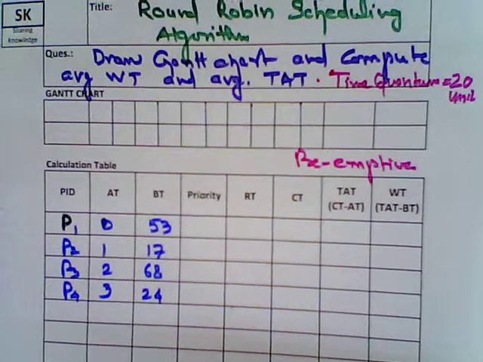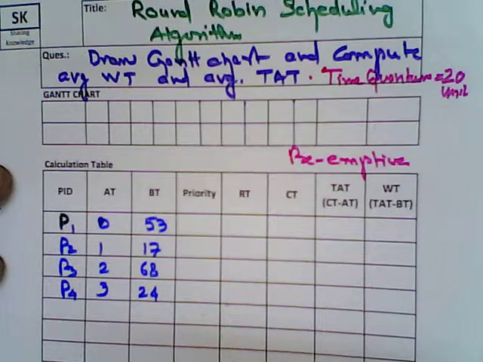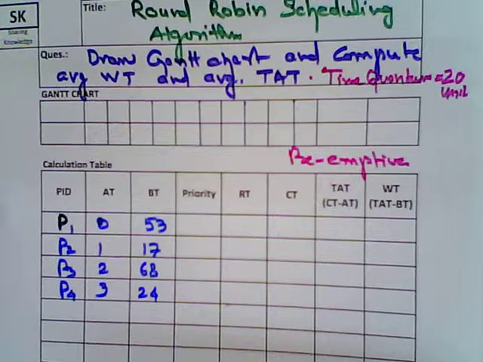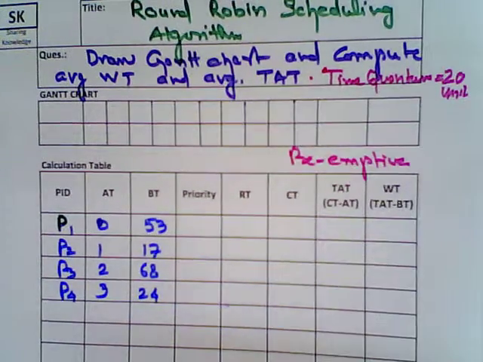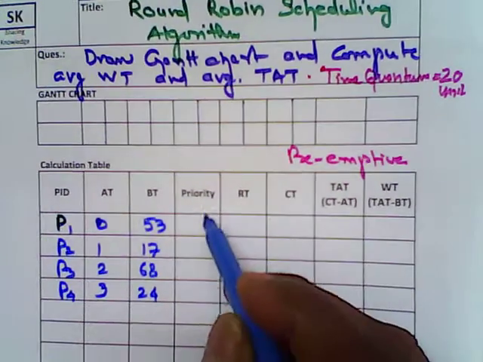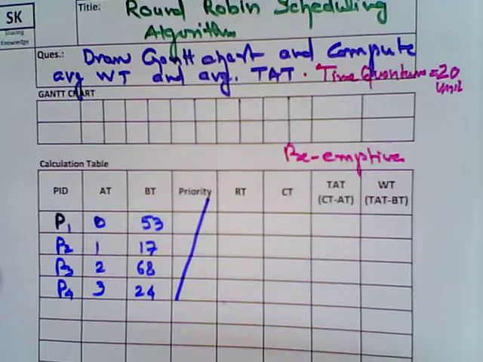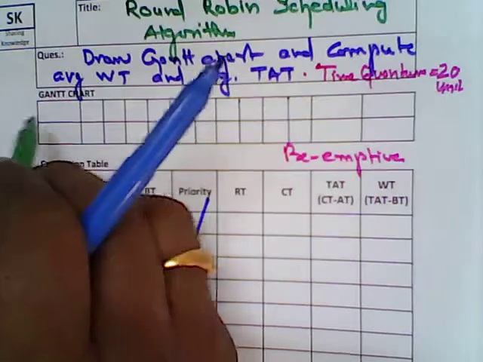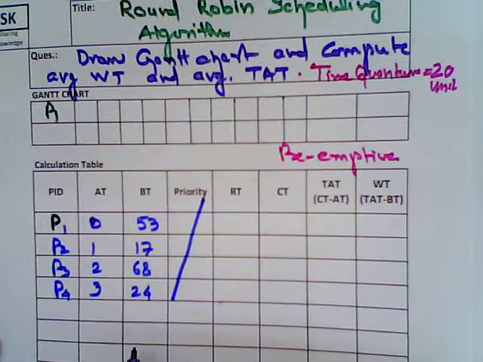So how do we solve this problem? Now in the Gantt chart we should start writing. You have to remember that this is almost like FCFS, but here we are not considering priority, so I am deleting that column. We take the first process, P1, whose arrival time is 0.